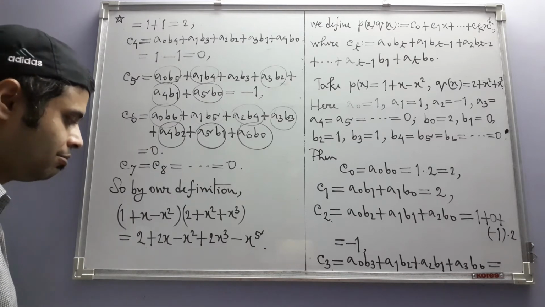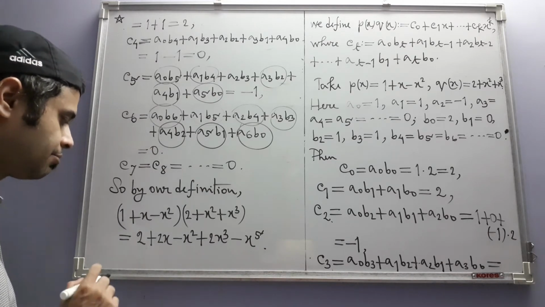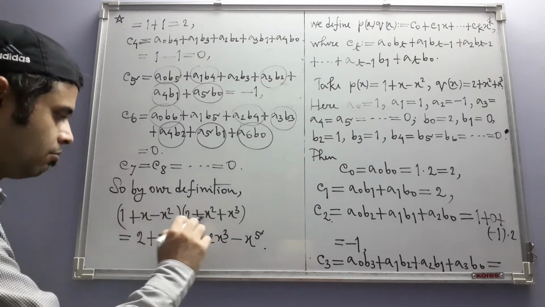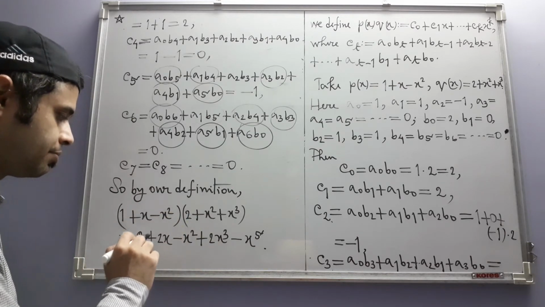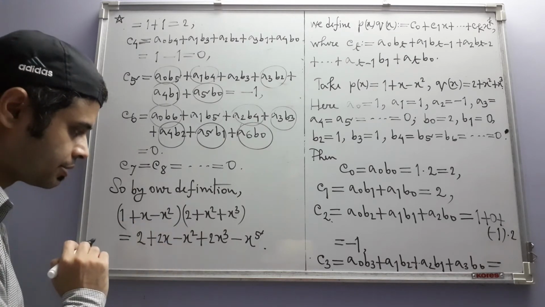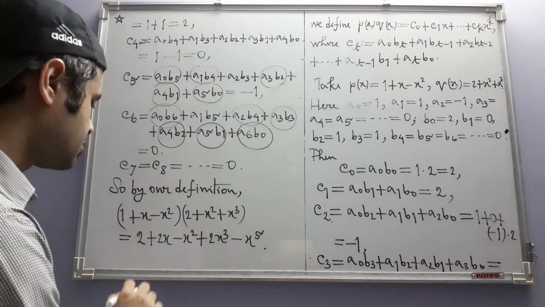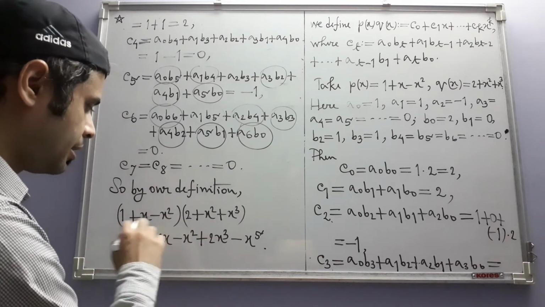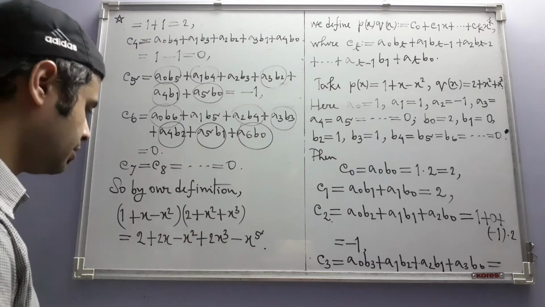Now if you do it high school style, what will you get? 1 times 2 is 2, 1 times x square minus 2 times x square gives you minus x square. What about x? 2 times x is 2x. There is no other way of producing x.